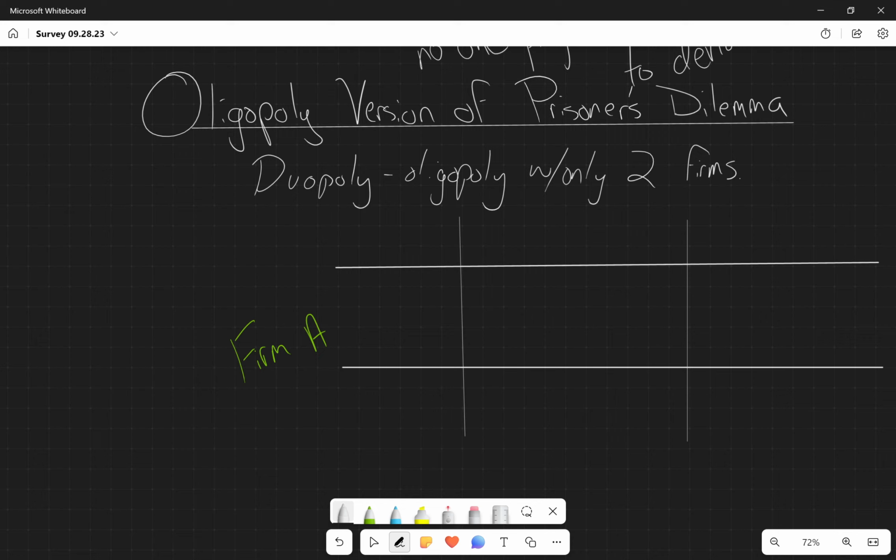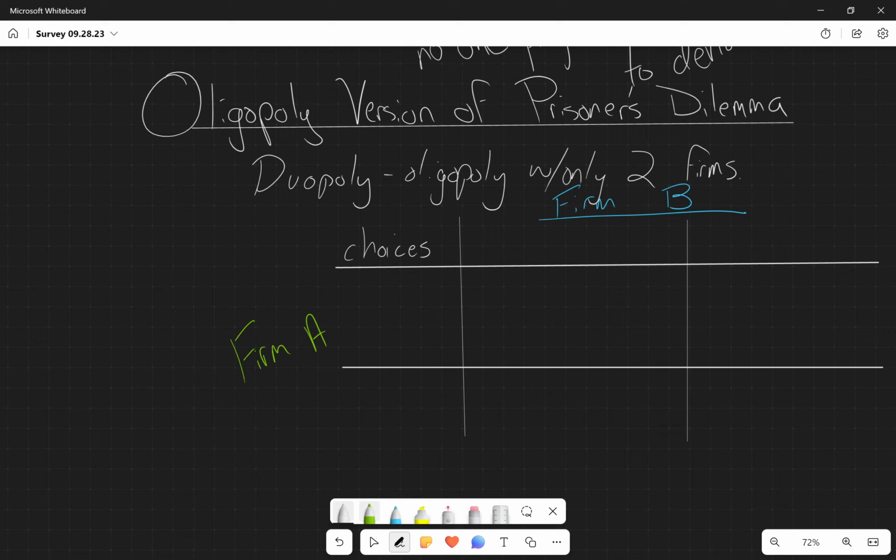Okay, and then in blue, we have firm B. All right, so firm A, again, just like before, we've got choices or strategies that they're deciding from, right? And then these are going to be our payoff matrices.